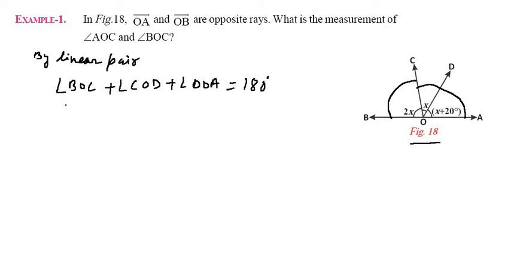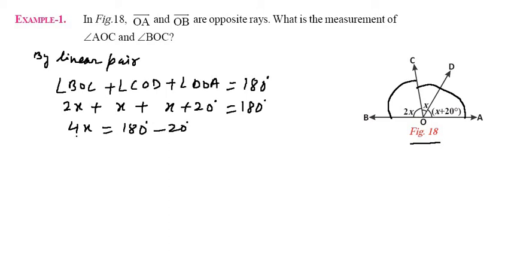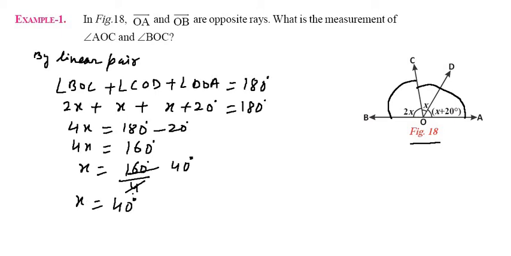So BOC is 2x, and angle COD is x, and this one is x plus 20 degrees, is equal to 180 degrees. x, 2x and 2x, that is 4x, is equal to 180 degrees minus 20 degrees. So 4x is equal to 160 degrees. So x will be equal to 160 degrees divided by 4. So x becomes 40 degrees.